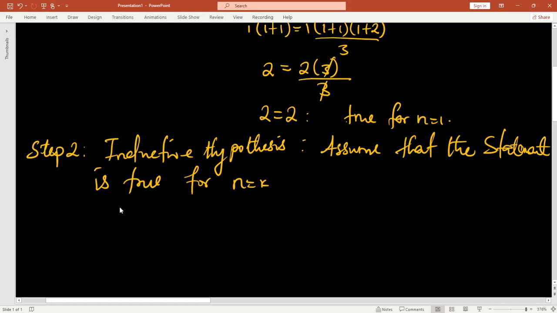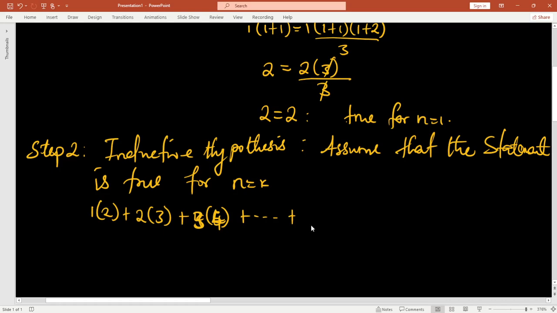So meaning that here we're going to have 1 plus 2 plus 3 plus 4, plus up until k.